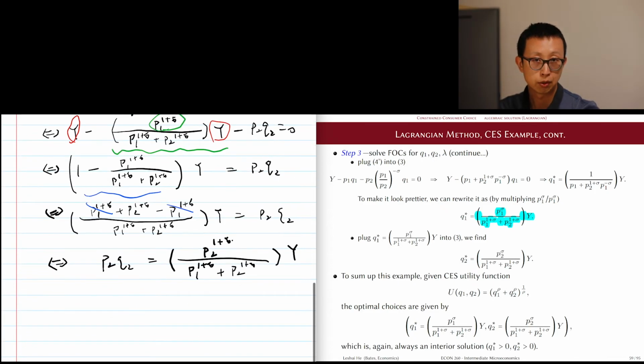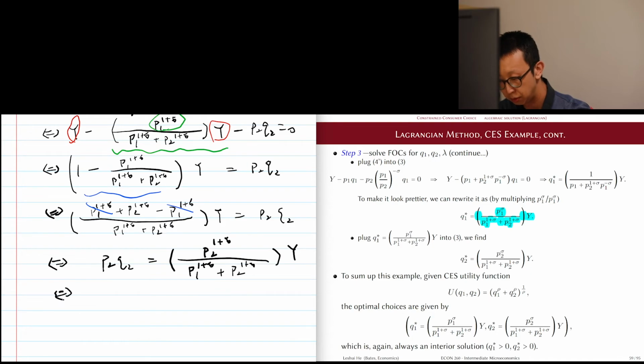Now dividing both sides of the equation by P2 to solve for Q2, we have Q2 star is equal to P2 to the power of 1 plus sigma divided by P2 over P1 to the power of 1 plus sigma plus P2 to the power of 1 plus sigma times y.